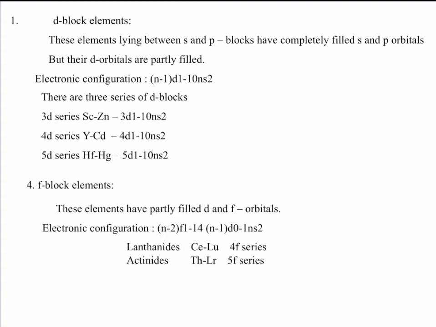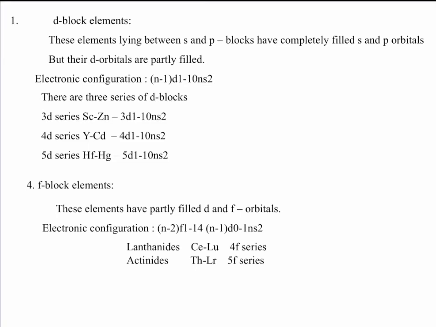The first one is the 3D series, scandium to zinc, which has electronic configuration 3d (1 to 10) ns2, and the 4D series, yttrium to cadmium, with electronic configuration 4d 1 to 10 ns2, and the 5D series, hafnium to mercury, with electronic configuration 5d 1 to 10 ns2.